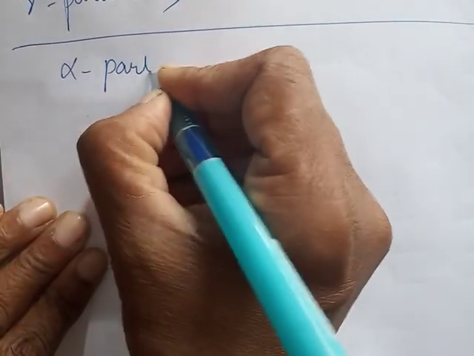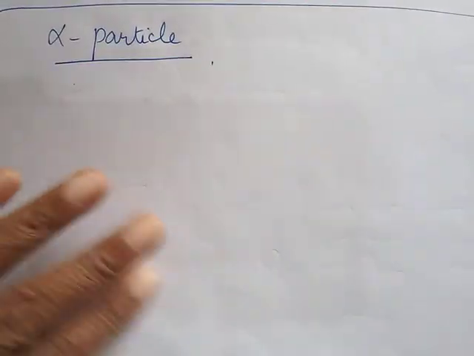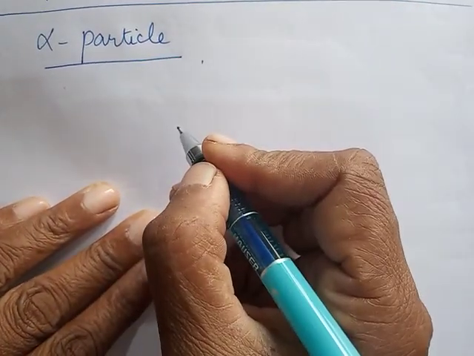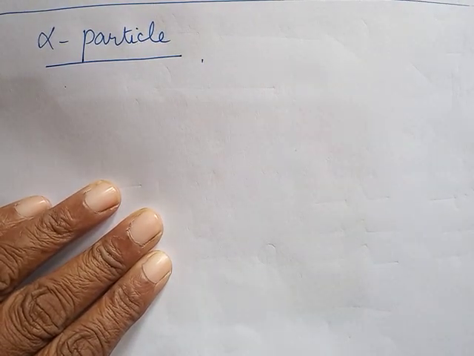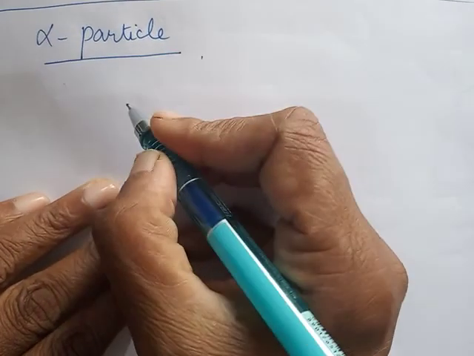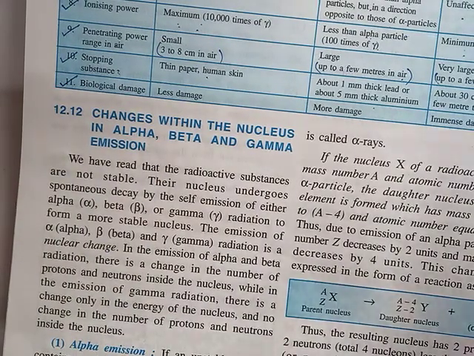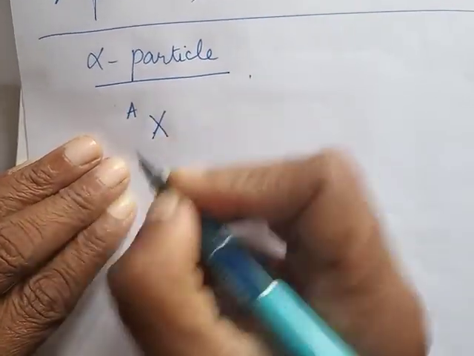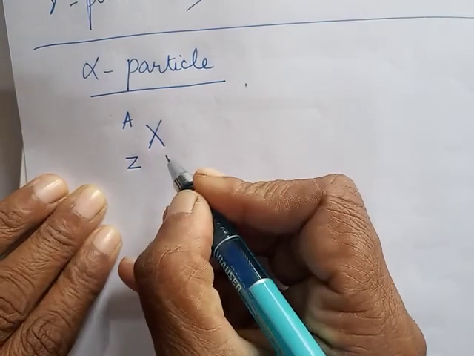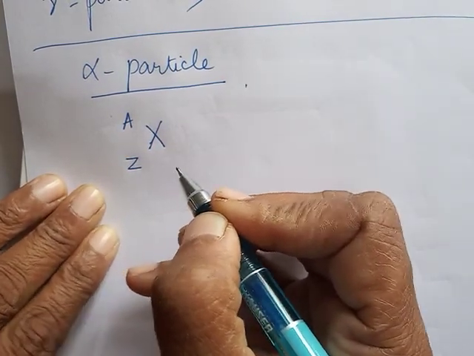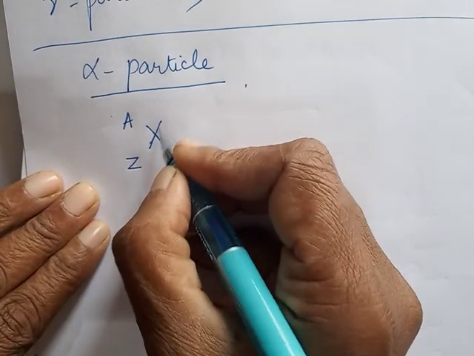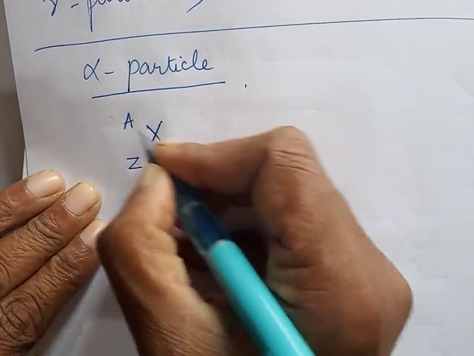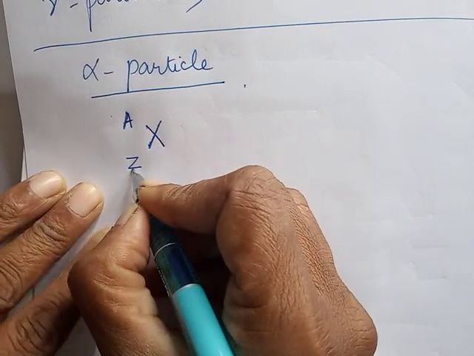Suppose X is a parent nucleus, whose mass number is A and atomic number is Z. I'm just assuming X is any nucleus, it can be anything, uranium, thorium, barium, whatever it is, but I'm just taking generally X as an element, with mass number A and atomic number Z.